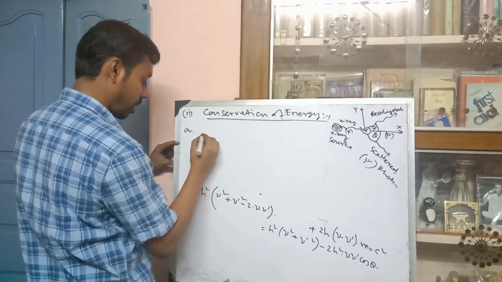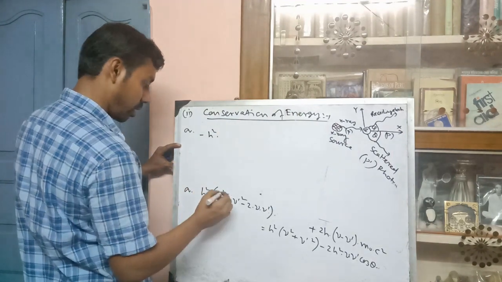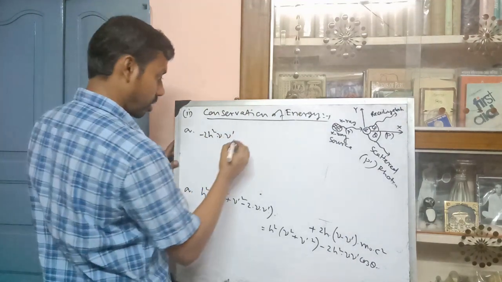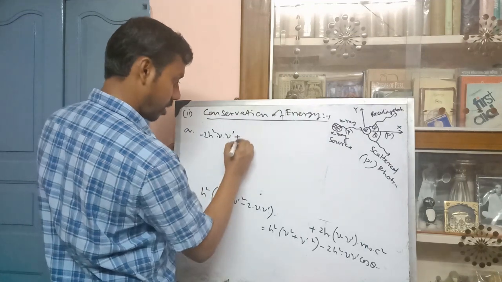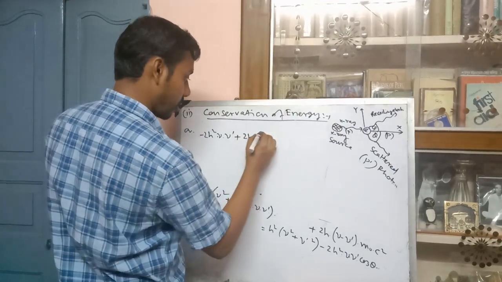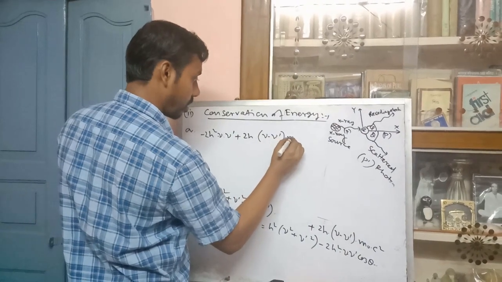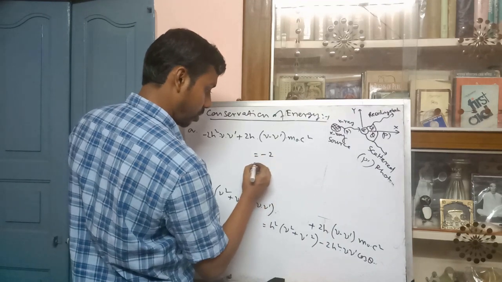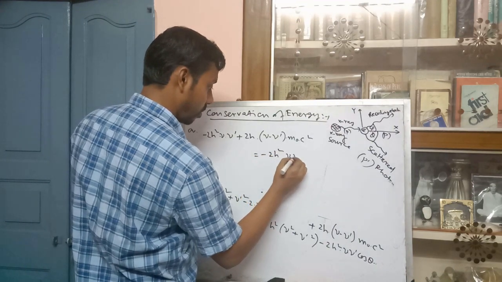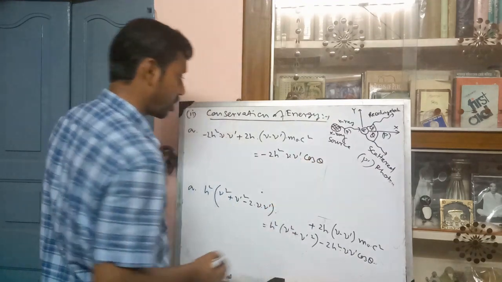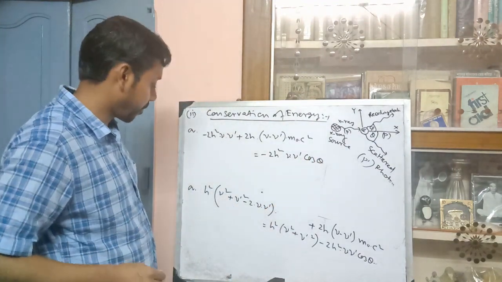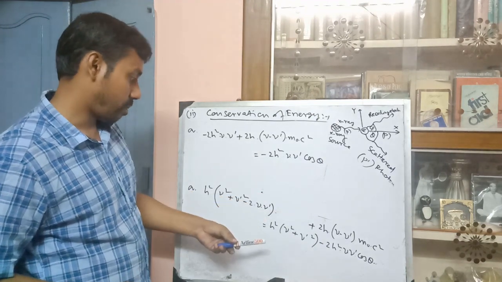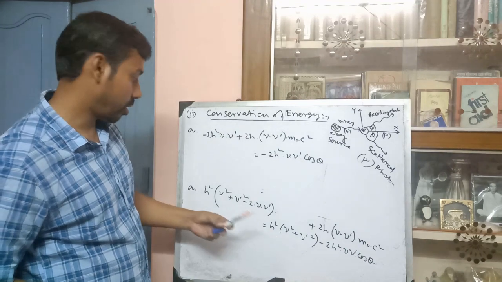So the remaining portion is minus 2 h square nu into nu dash plus 2 into h into nu minus nu dash into m0 into c square, that is equal to minus 2 into h square nu into nu dash into cos theta.